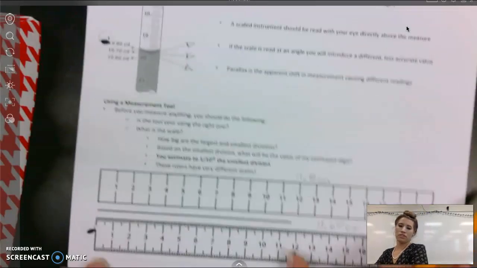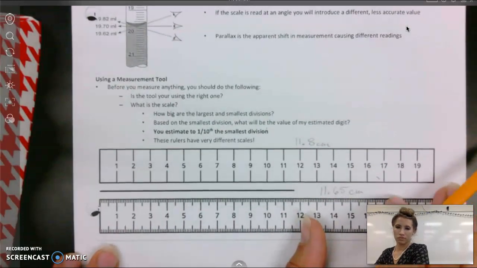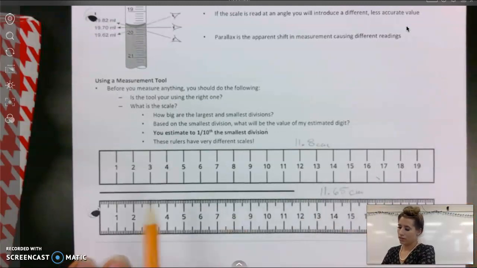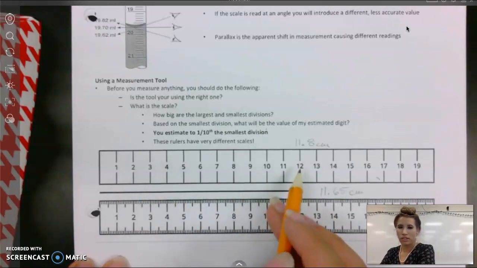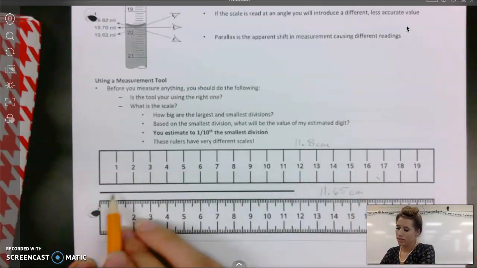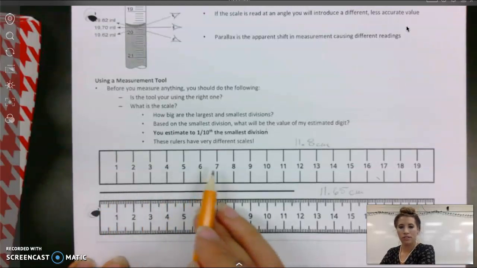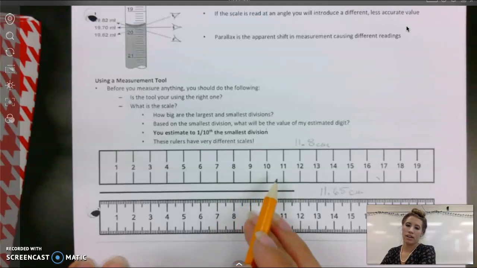Now let's look at these 2 rulers here. And we're going to measure this object. And that's what I did earlier. I looked at this using this ruler, I'm going to say centimeter ruler, and I said I am certain that this object is past 1, 2, 3, 4, 5, 6, 7, 8, 9, 10, and 11.